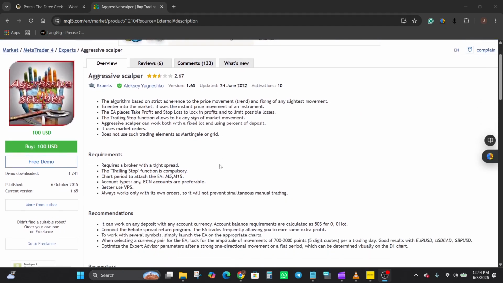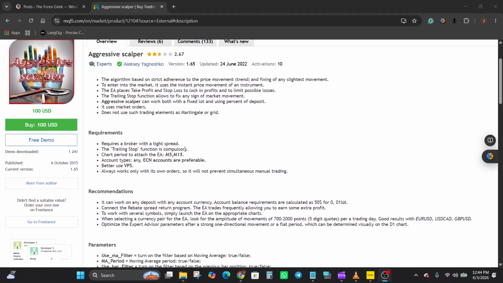Now, looking at the description, the EA is built around a very direct approach to price movement. The developer explains that it focuses on immediate market reactions and aims to capture small price movements quickly, with a strong emphasis on execution speed and tight market behavior.